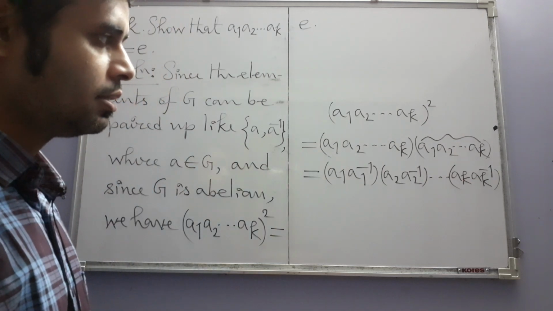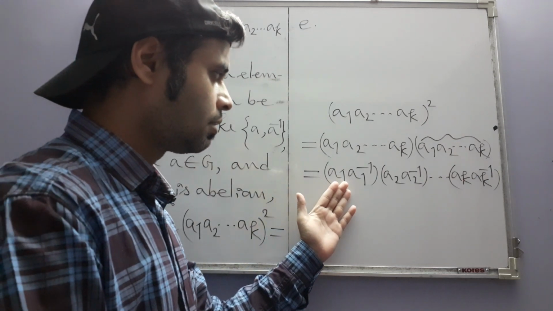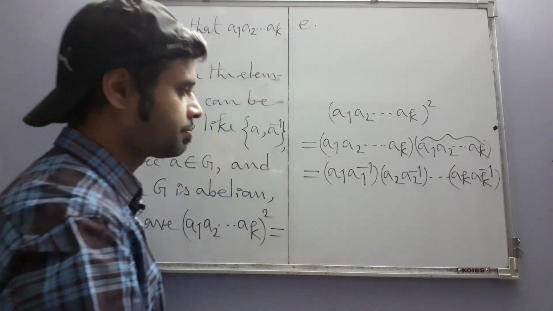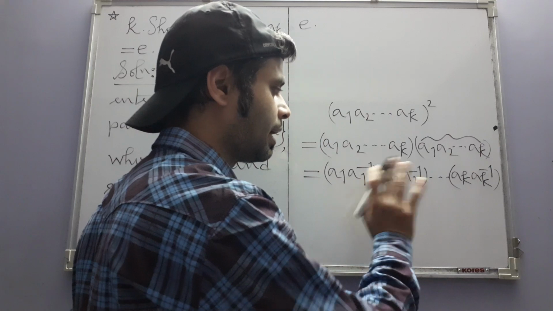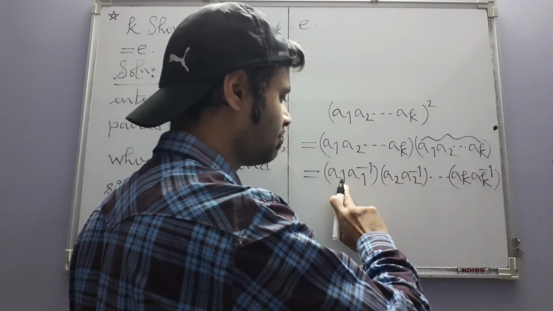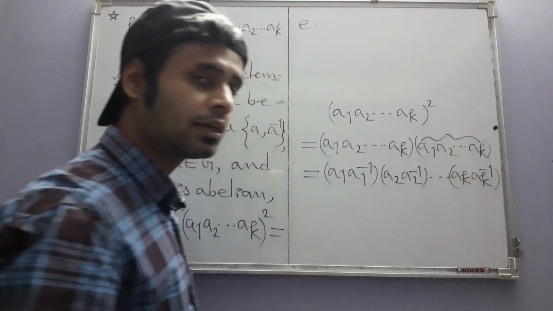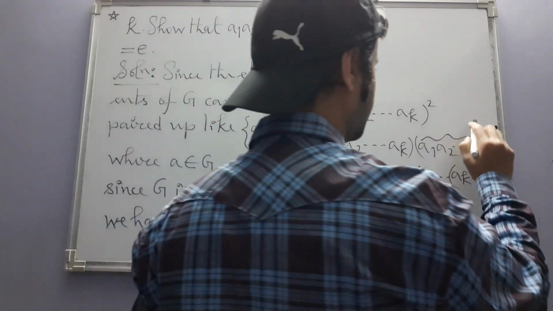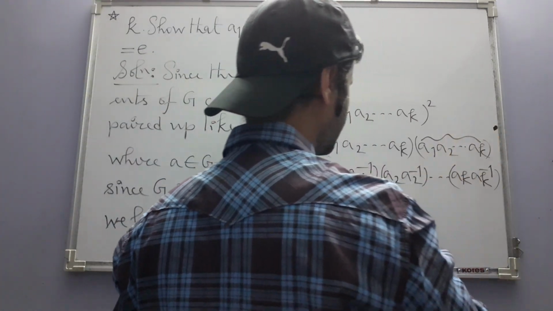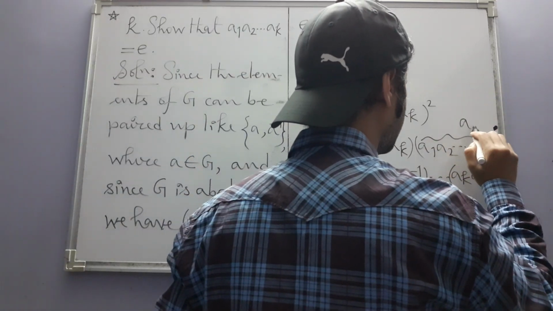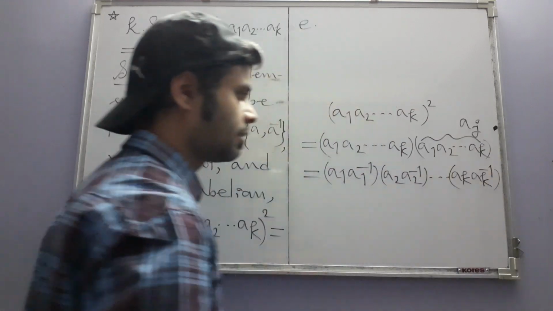But the doubt is, there are two things. We are never going to run out of inverses because every AI should have an inverse. But will there be any leftover elements here? Say, even after taking all these inverses, maybe there is some AJ that got left out.